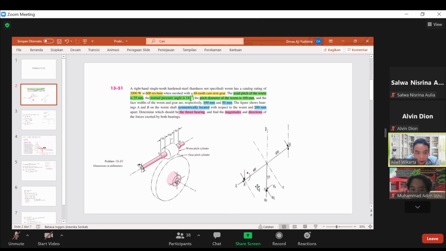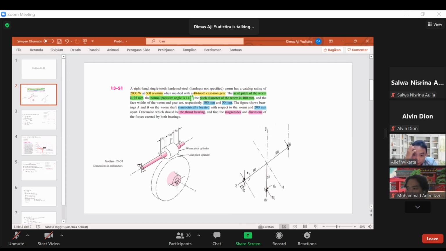Apa kamu sudah menggambar axial force-nya itu? Ini di FBD-mu itu loh. Apa sudah ada axial force pada worm yang menyebabkan di A itu akhirnya harus dipasang thrust bearing? Belum ada sih. Harus melalui perhitungan yang di bawah. Nggak, arah gambarnya saja di free body diagram.